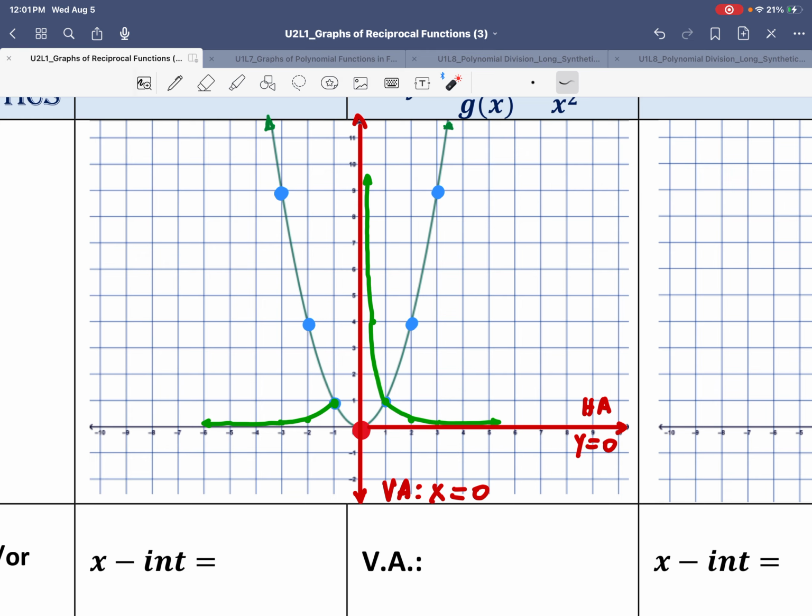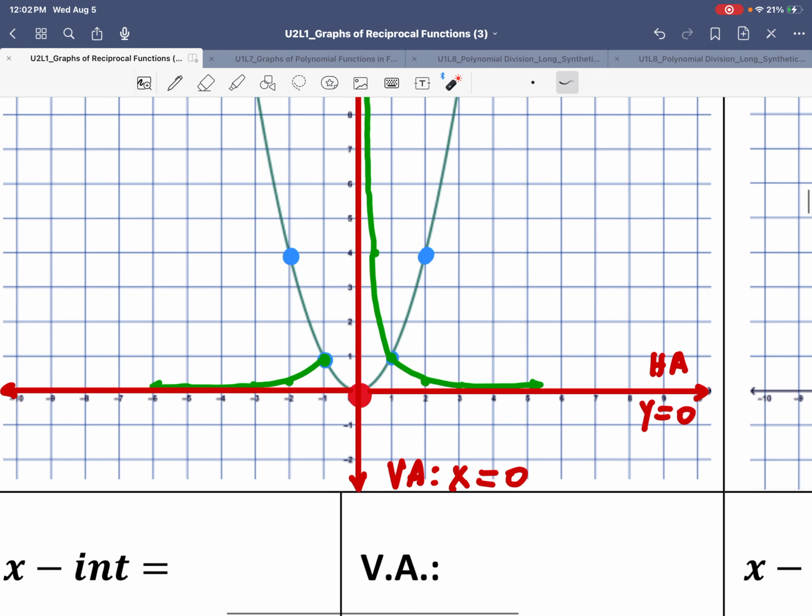So again, as the graph approaches the x-axis without touching it, this x-axis will serve as the asymptote, and it's a horizontal line, so it's a horizontal asymptote. The horizontal asymptote for the entire graph is at y equals 0.